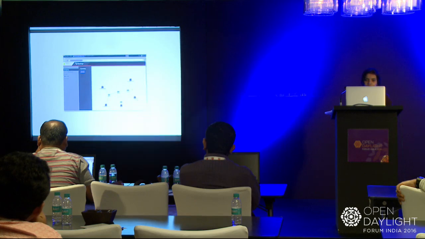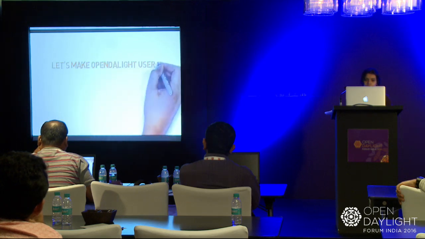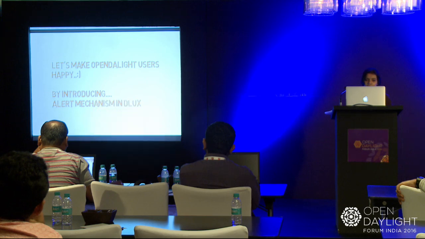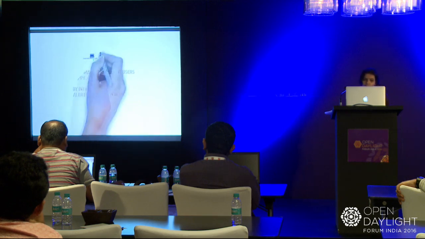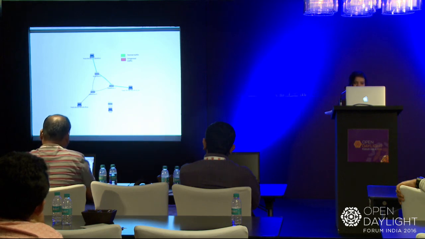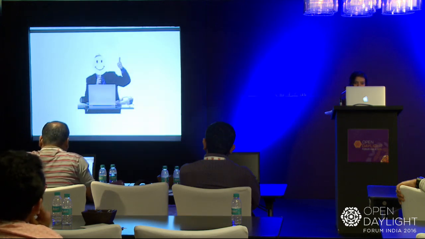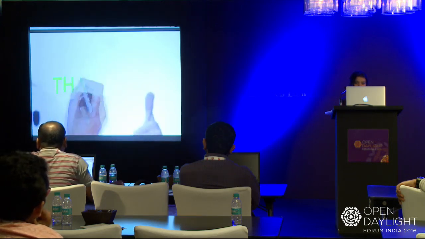DLUX is the UI for OpenDaylight. Users can view network topology through DLUX. Let's make OpenDaylight users happy. Let's introduce an alert mechanism in OpenDaylight. This feature enables DLUX users to view normal traffic flow through green color, as well as congested or delayed traffic through red color. This feature makes DLUX more dynamic. Thank you for your time.